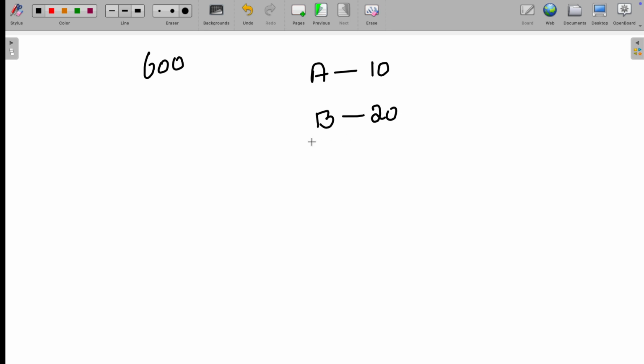Now how much salary A will get and how much B will get, this is the question they will ask. Whenever we want to distribute salary based on work, we have to give based on the work A completed and the work B completed, not on days.